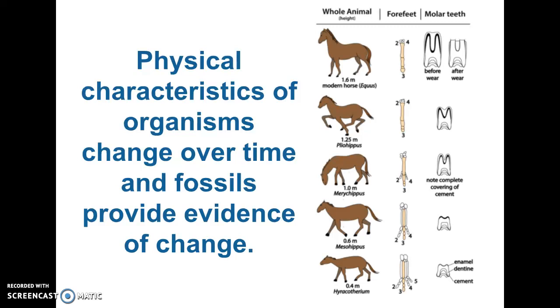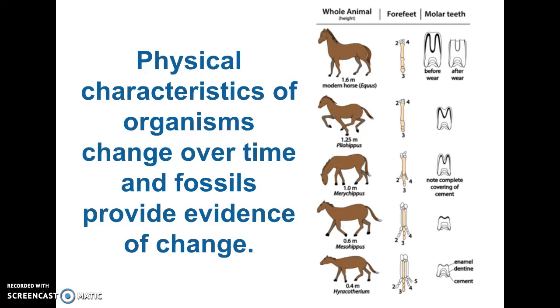And then we see that evolution moving up to more modern horses that are about 5 feet for the modern horse. So we see first the change in size of the horse, or the evolution of the horse.